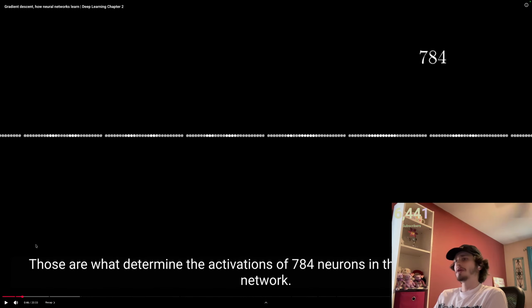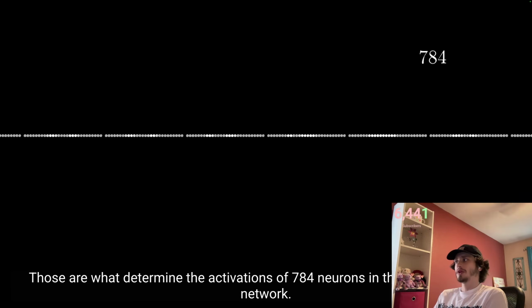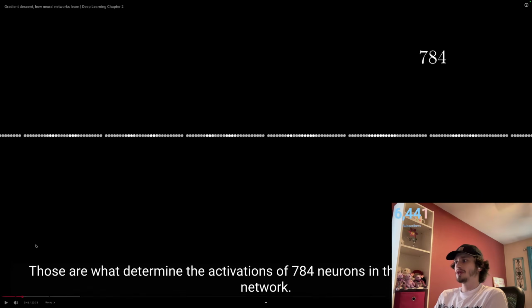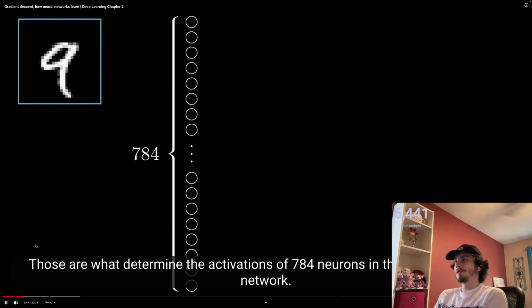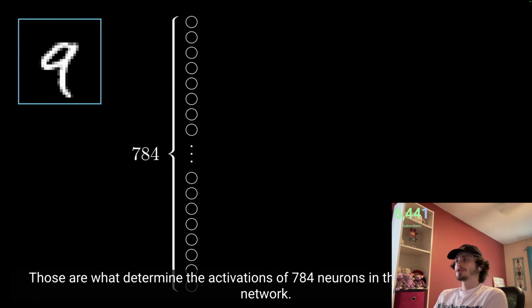Okay, so each pixel, right, 28 by 28, with 784 pixels, is 784 neurons in the input layer of the network. So the input layer of the network is the data points corresponding to the actual values on the image.